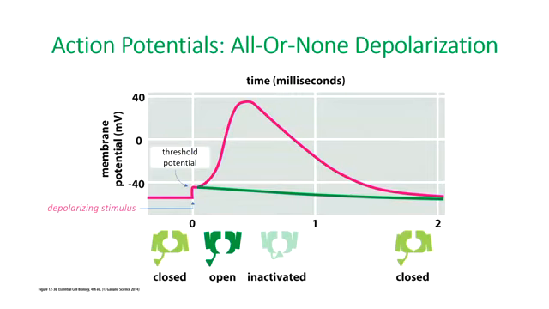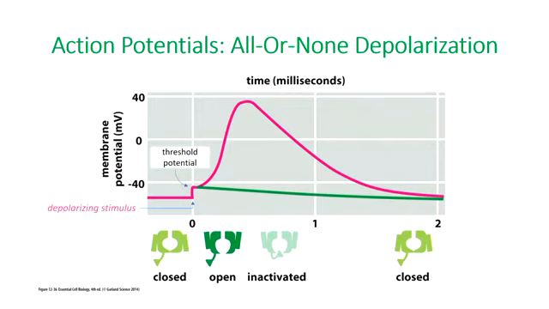And when they do, boom, all of the sodium comes rushing in, and the potential across the membrane goes from being negative, minus 40 millivolts, to being positive, almost positive 40 millivolts. Just a complete reversal of the situation that we had before.